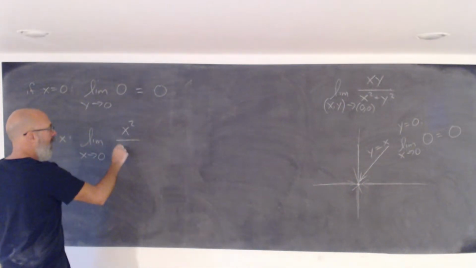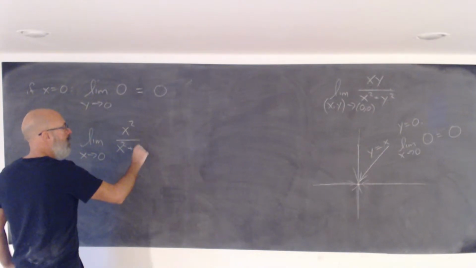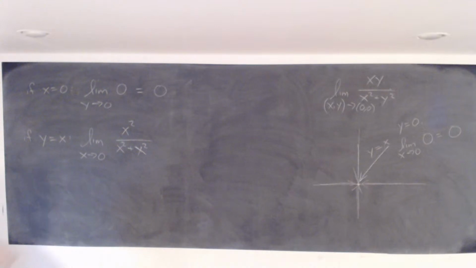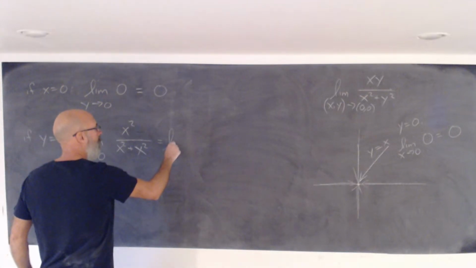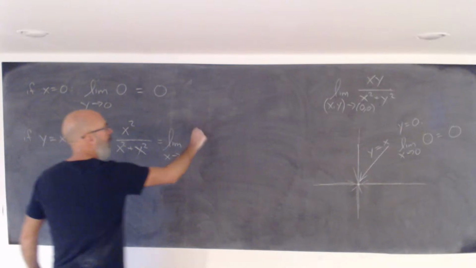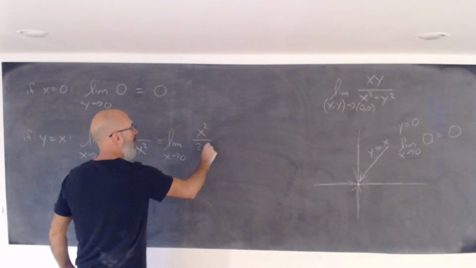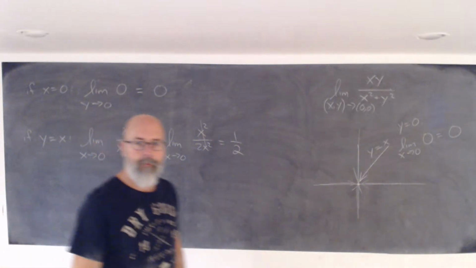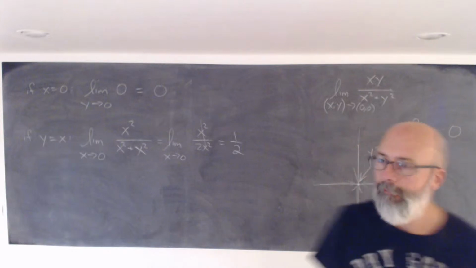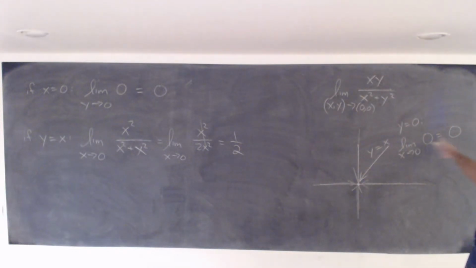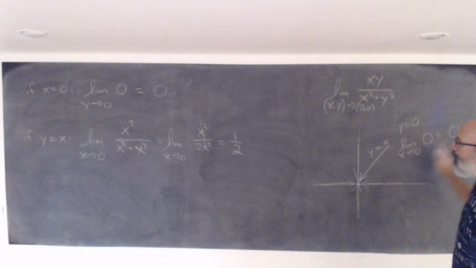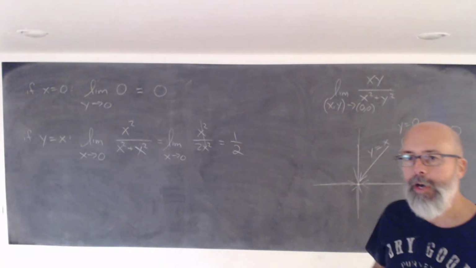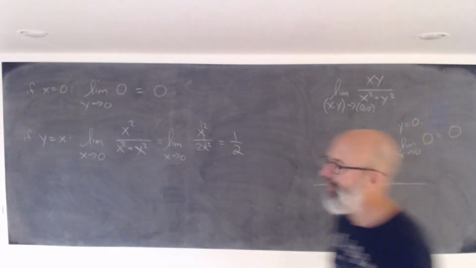And on the bottom, you get x squared plus x squared, which is really x squared over 2x squared. These cancel out, and you get a limit of 1/2. And now you're in trouble. We had two paths giving us a limit of 0, but now a third path gives us a limit of 1/2. Limit does not exist.